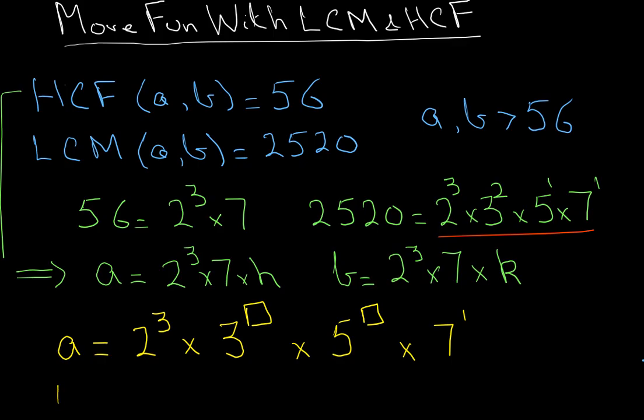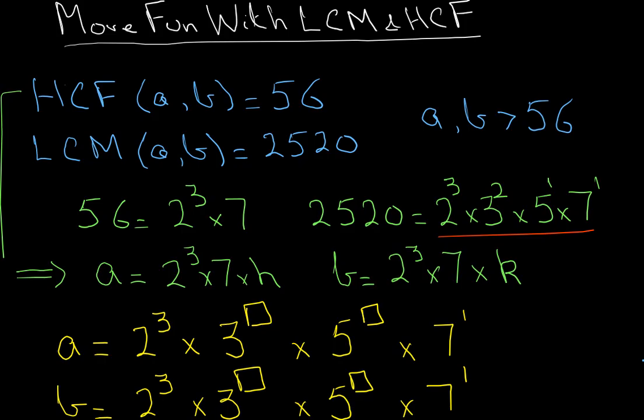And similarly, B is going to be equal to 2 cubed into some power of 3, which I don't know, into some power of 5, which I don't know, into 7 raised to the power 1. Now we have to figure out the powers. The highest power of 3 is 2, and the highest power of 5 is 1.